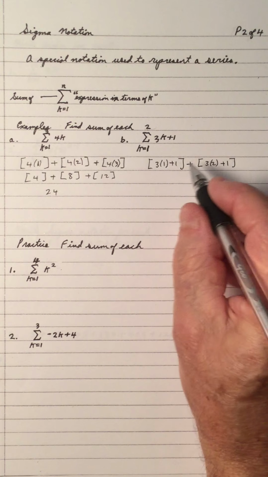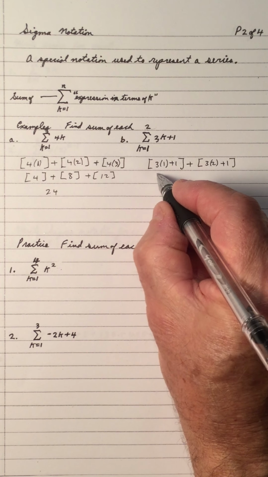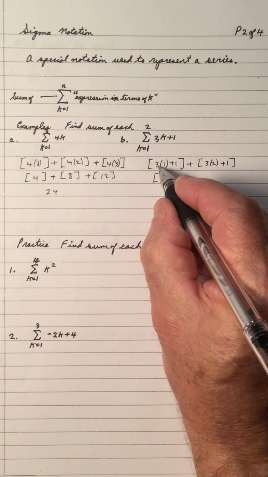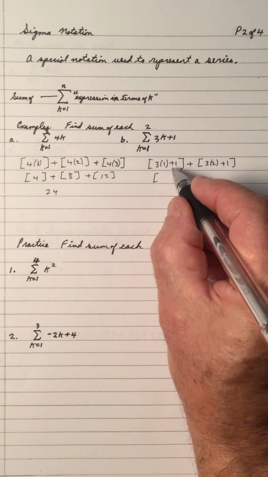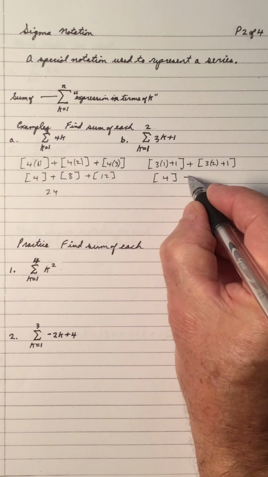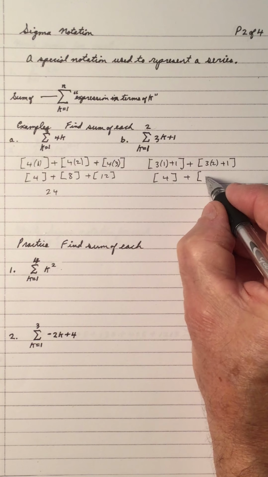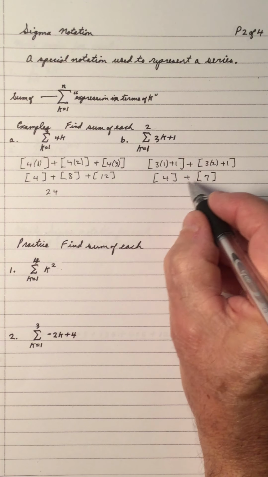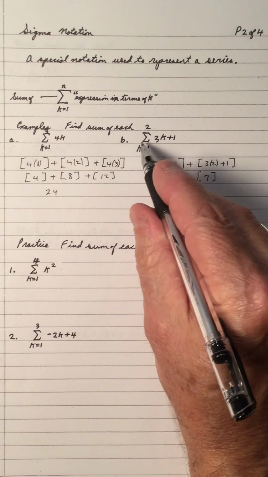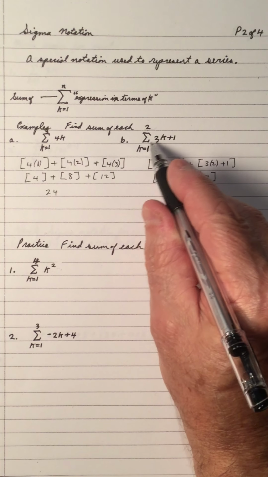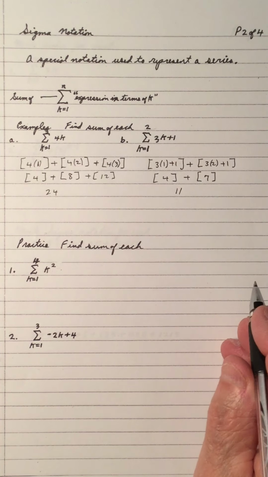So you're doing the expression twice. 3 times 1 is 3 plus 1 is 4. And 3 times 2 is 6 plus 1 is 7. And the sum represented by this sigma notation is 11.